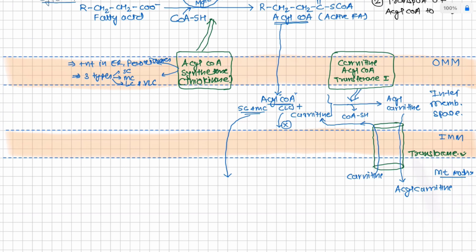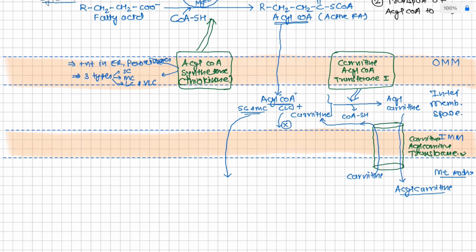So this is class 7 of the enzyme commission, and the complete name of a translocase is based on what they transport. On one side they transport carnitine, on the other side they transport acyl carnitine. So this translocase is actually a carnitine acyl carnitine translocase. With the help of this translocase enzyme, acyl carnitine enters inside the mitochondrial matrix.